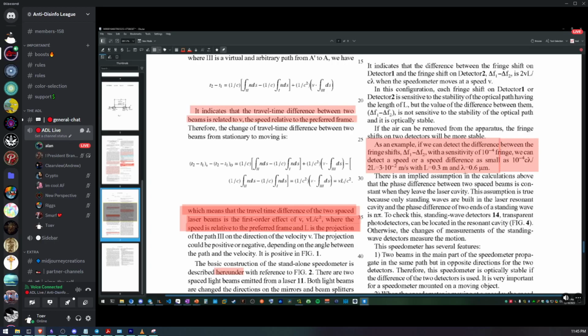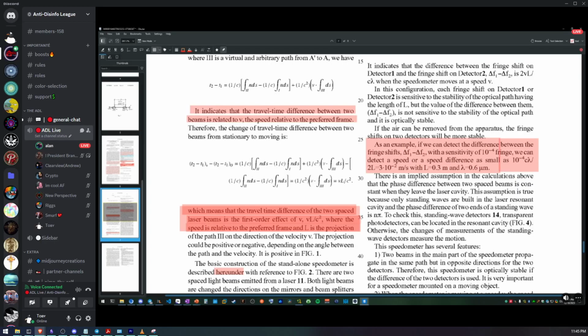There is an implied assumption in the calculations above that the phase difference between the two spaced beams is constant when they leave their laser cavity. This assumption is true only because standing waves are built in the resonant cavity, and the phase difference of the two ends of the standing wave is n pi.